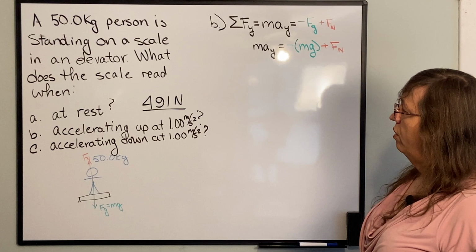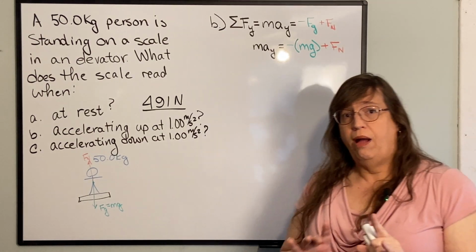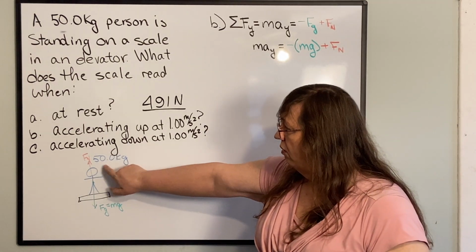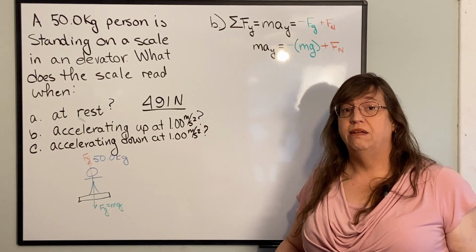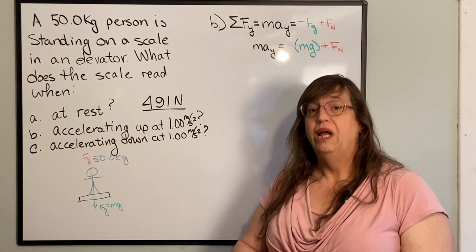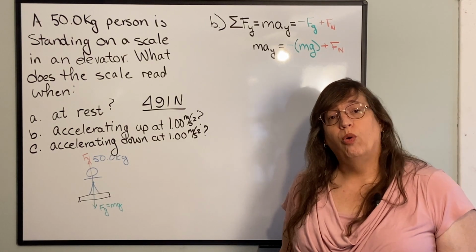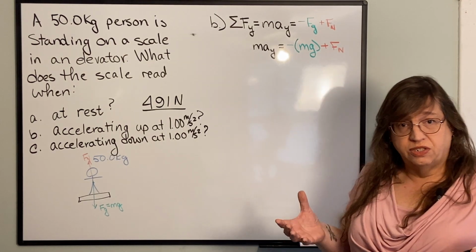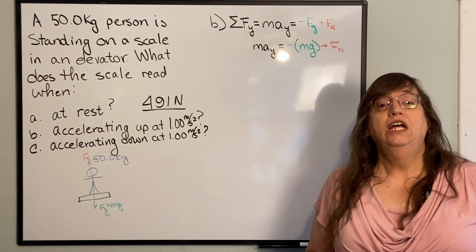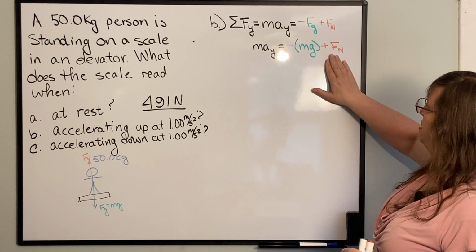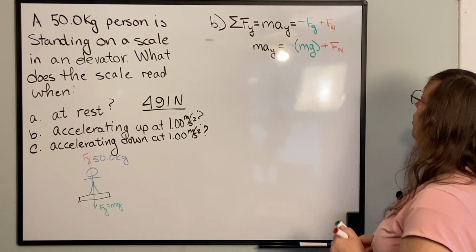Now, to think about our problem here, we've got to figure out what Fn is going to actually read. Why? It's the supporting force that the person is undergoing. So in order for us to solve this problem, we have to solve for Fn. That's what we're going to be looking for.